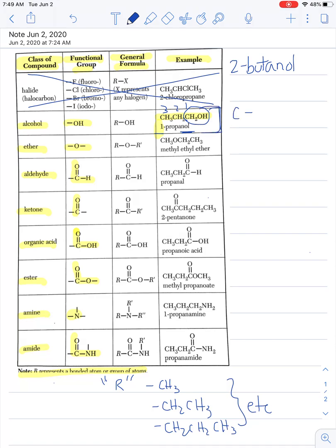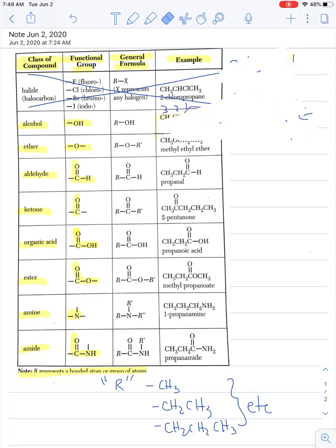So I would draw 4 carbons in a row for but, Table P. And then on the second carbon, I would put an OH group. And then the rest would be hydrogens all around. So 2-butanol, the 2 is the location. It's on the second carbon, and I put an OL at the end because it has an OH group. So that would be an alcohol.